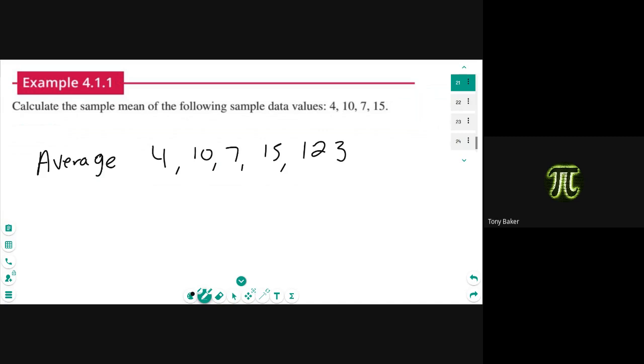What was it? I should just do it. 32 or 31.8. Yeah. So that's the mean. And my mean of the original numbers was 9.